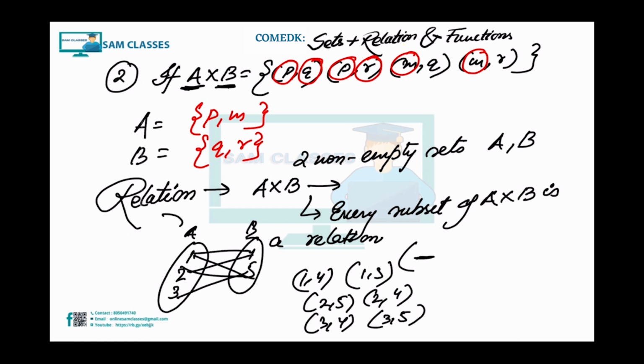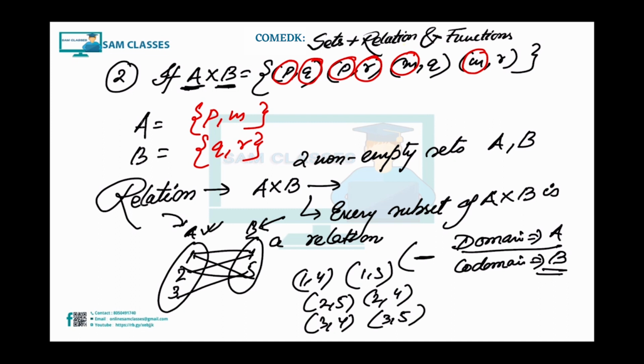Now the elements belonging to the first set are known as what? The domain. And the elements belonging to the second set are known as what? Domain is nothing but the first set A and codomain is nothing but the second set B. Whenever we have two non-empty sets and we do A cross B, the subsets we generate are all relations.